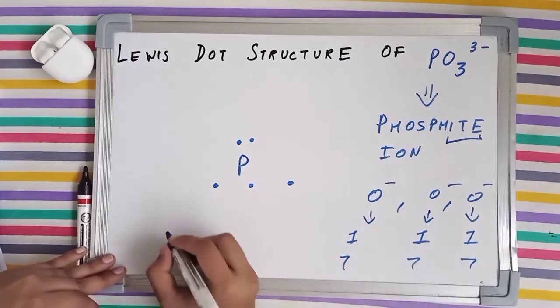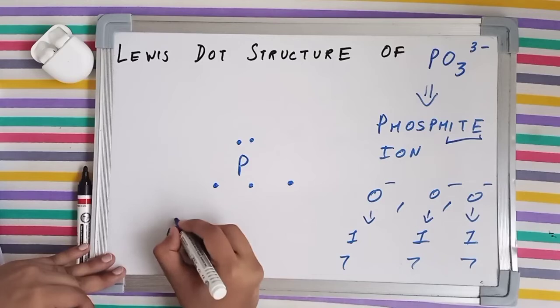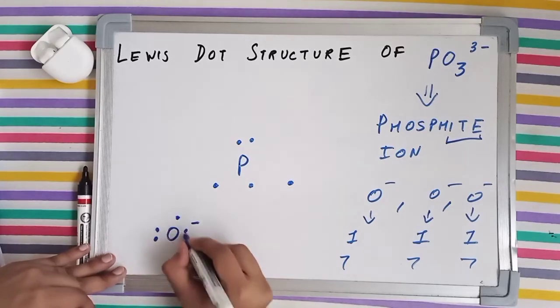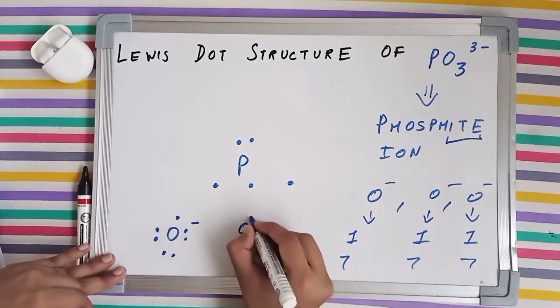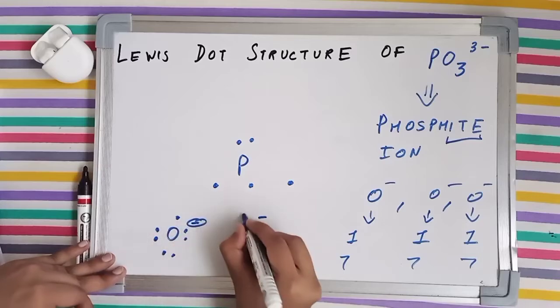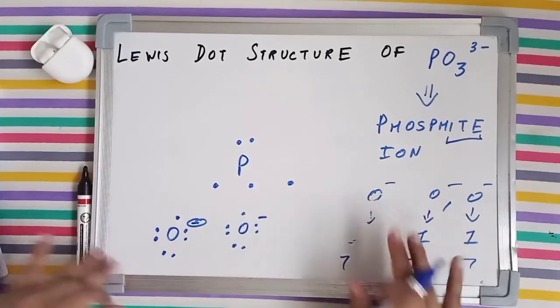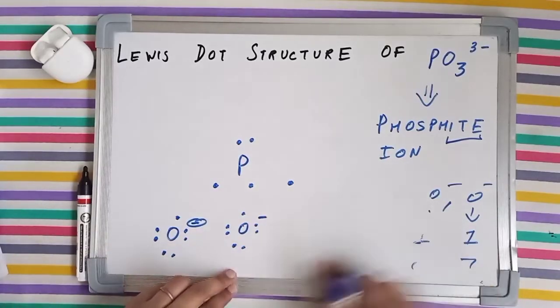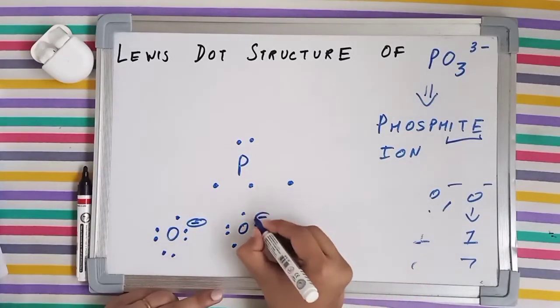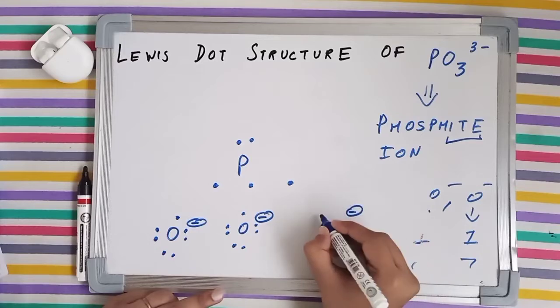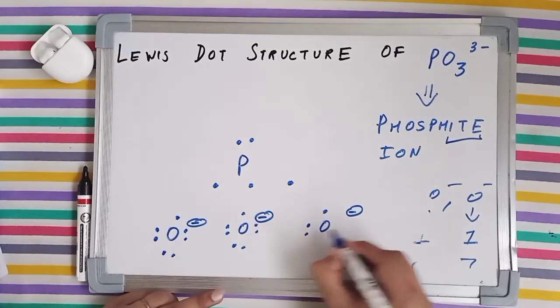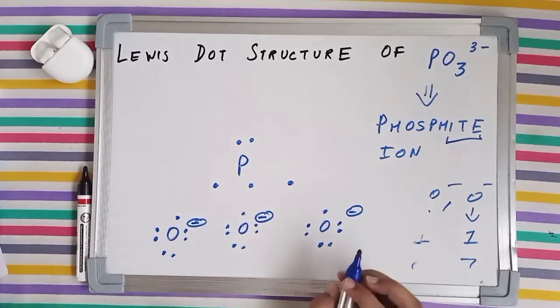Okay, now oxygen O minus having 7 valence electrons. Similarly here, negative charge, and similarly here, you've got an O minus having 7 valence electrons.